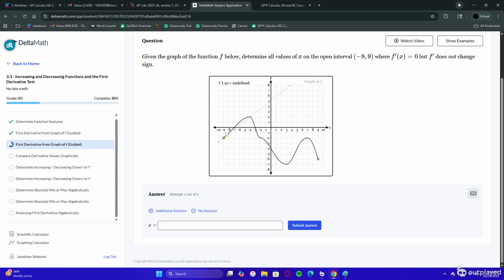But 3 of these 4 points, increasing, decreasing, decreasing, increasing, and then increasing, decreasing, they do change sign. So the only point that doesn't change sign is right here at x equals negative 2. It doesn't change sign.